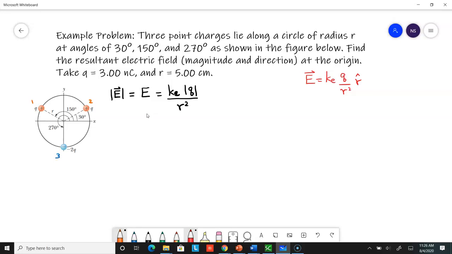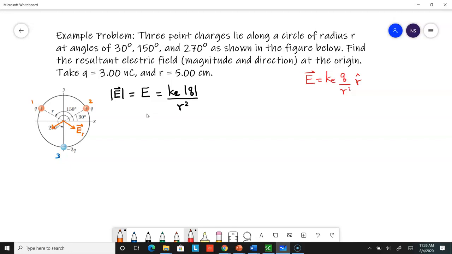So my electric field at the origin here from charge 1 will be away from it, so it will be pointing away from Q radially outwards, so that would be E1. And similarly, E2 from charge 2 will be pointing away from it.